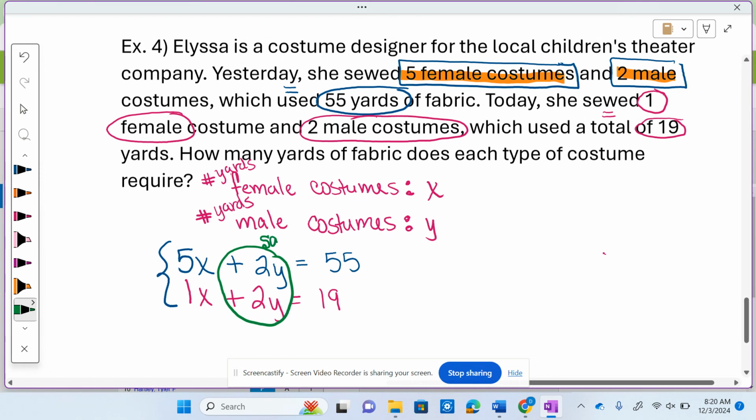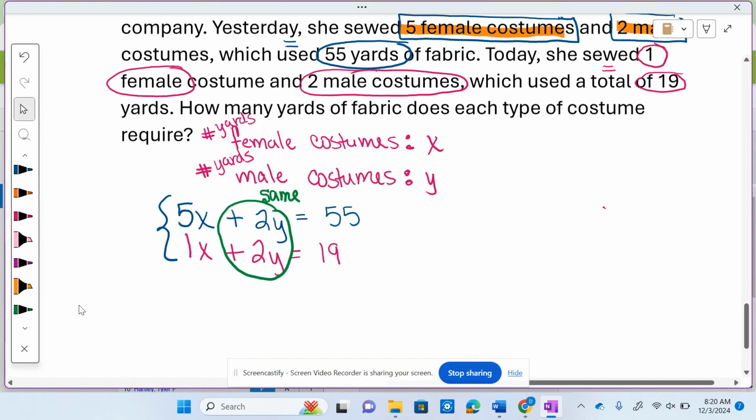Yeah, I always multiply the bottom one, so that way, in my brain, I'm subtracting. So we're going to take this top equation and not change it at all. I'm just going to rewrite it. 5x plus 2y equals 55. The bottom equation, we are multiplying every single term by -1.